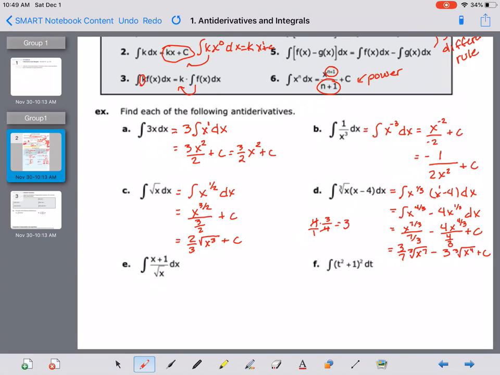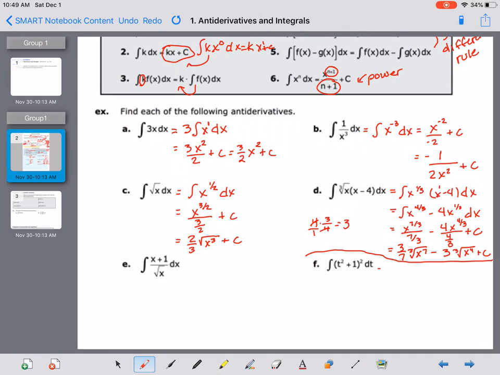So I'm going to draw a little line because I know this problem maybe kind of went into the next one. Okay, so I'm going to do F before we go to E. Again, I don't have a chain rule, I don't have a product rule right now, so the only thing I can do is put it into power form.